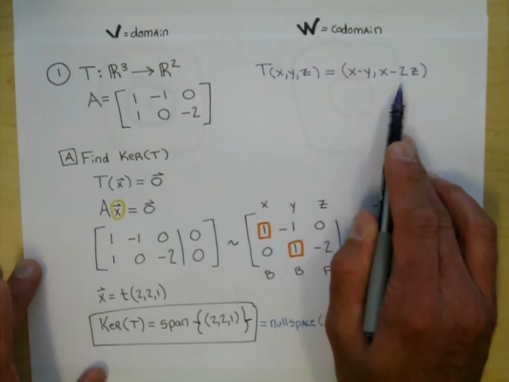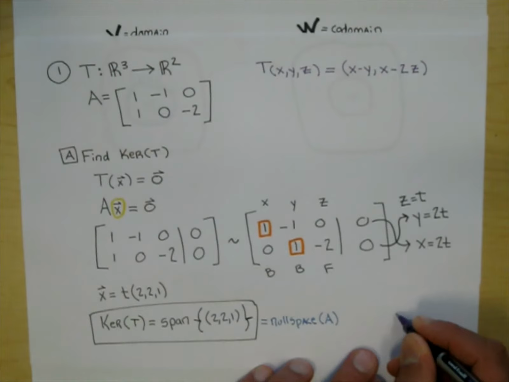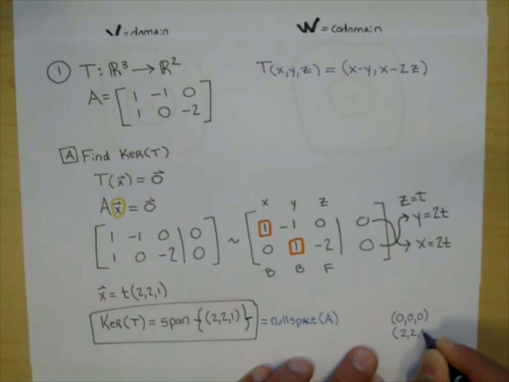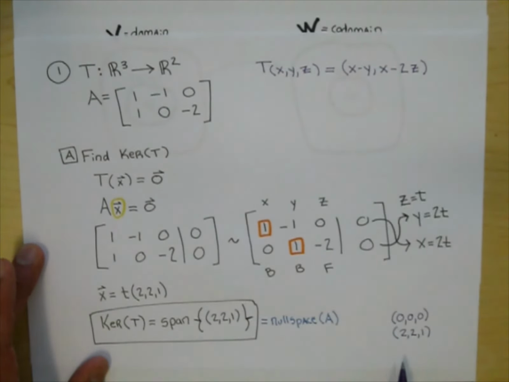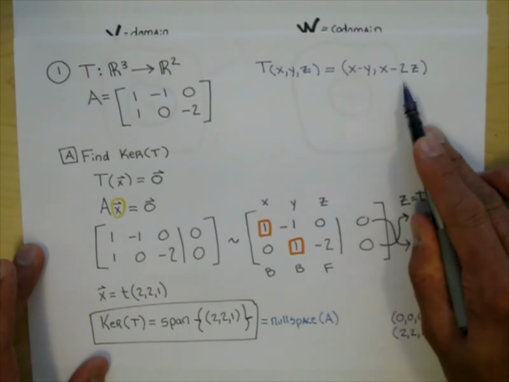If you plug 0, 0, 0 in, you get 0, 0. So 0, 0, 0 is in the kernel. You don't have to write this down. But so is 2, 2, 1. Watch, you plug that in there, it's 2 minus 2, which is 0. And then this one over here is 2 minus 2 times 1, which is 0.